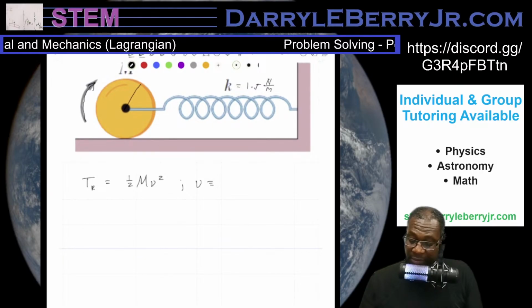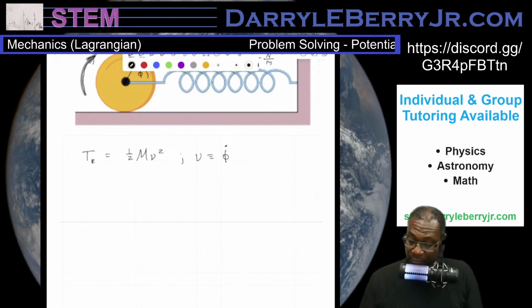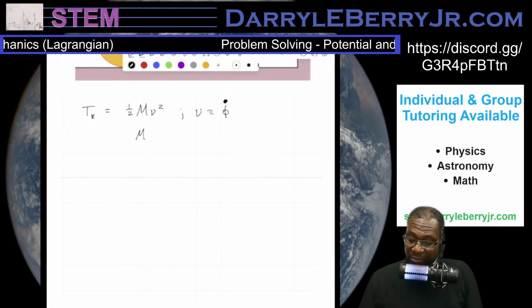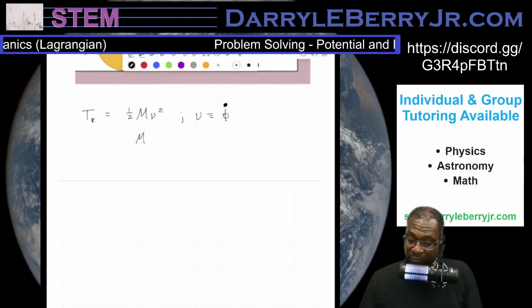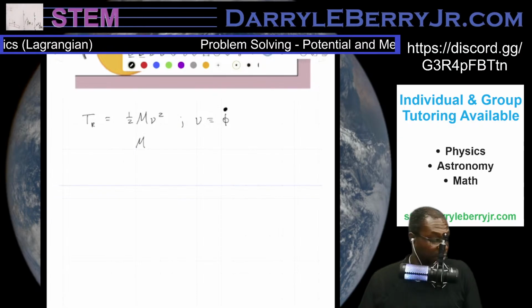If I call this angle phi, V is phi dot, and m is going to be the moment of inertia type mass. So let me look at my notes. Yeah.